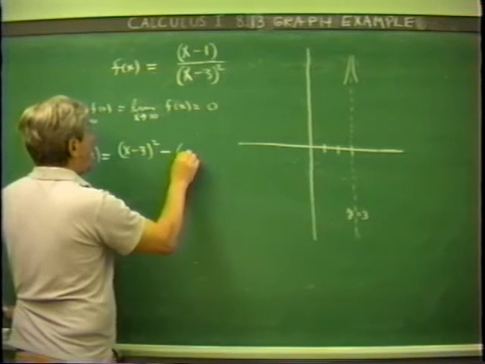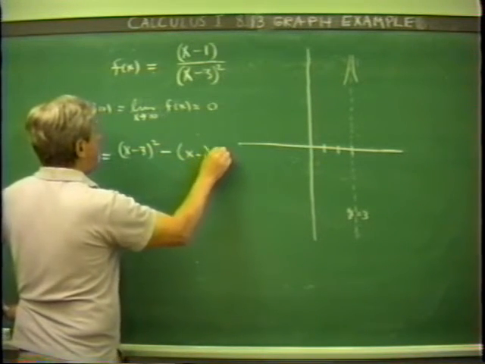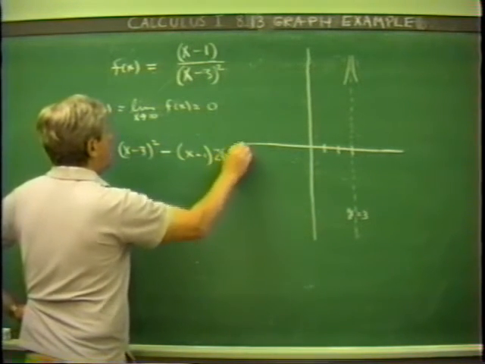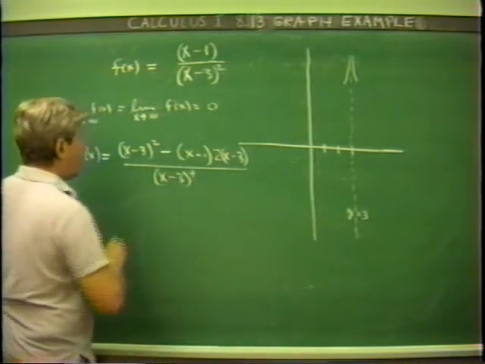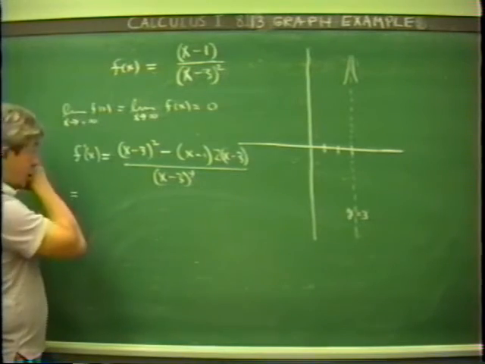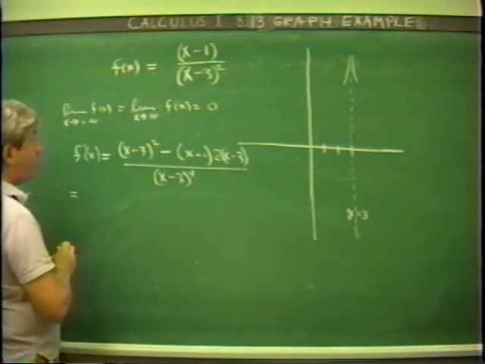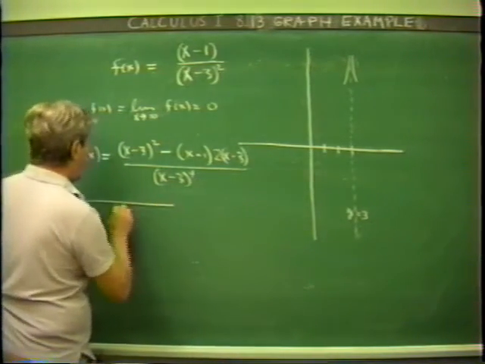The derivative is equal to the denominator times the derivative of the numerator, minus the numerator times the derivative of the denominator, over the denominator squared.